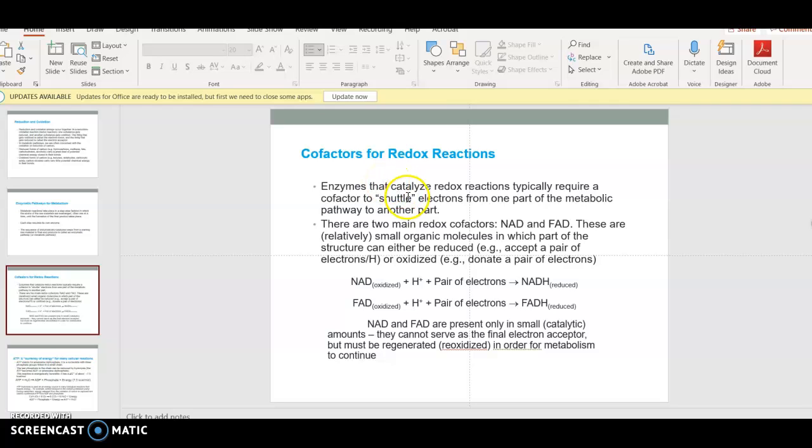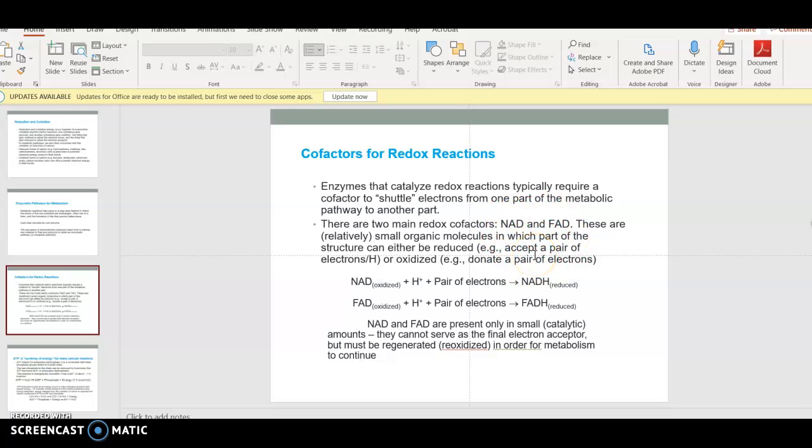Cofactors for redox reactions. Just to summarize this slide, the two major cofactors are NAD and FAD, and they always get reduced to NADH and FADH2, which will later be shuttled to the electron transport chain to reform NAD+ and FAD, because these are actually very limited in amount in the cells.